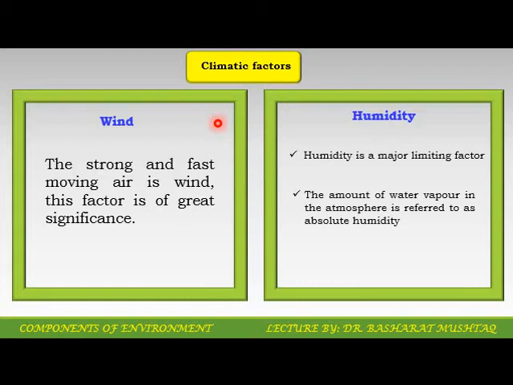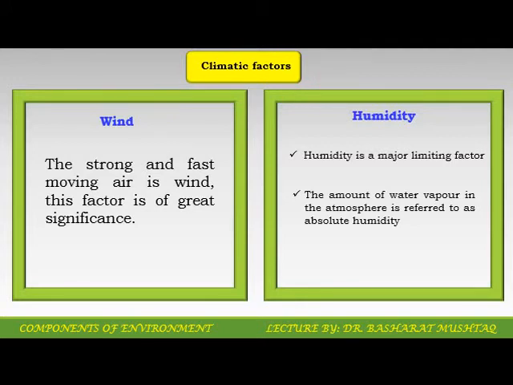Wind in the form of storm influences both fauna and flora of a particular location, because wind varies from place to place and it is more near the seashores or water bodies or on top of the mountains or hill stations. Wind effect is less marked in animals than in plants.